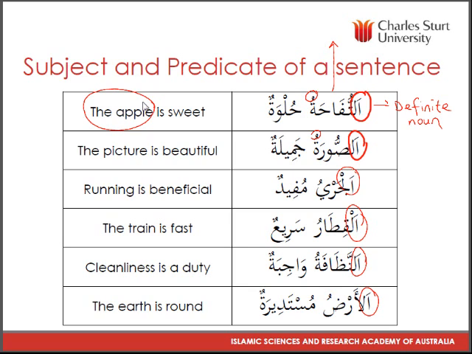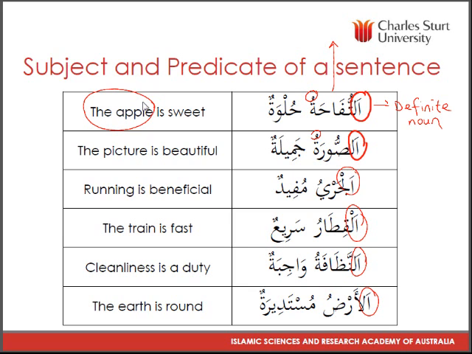Because in Arabic there are two types of sentences. Sentence with noun or sentence with verb. If you start with verb, this sentence becomes jumla fi'liye, verbal sentence. If it is starting with noun, like these examples, it is jumla ismiye.